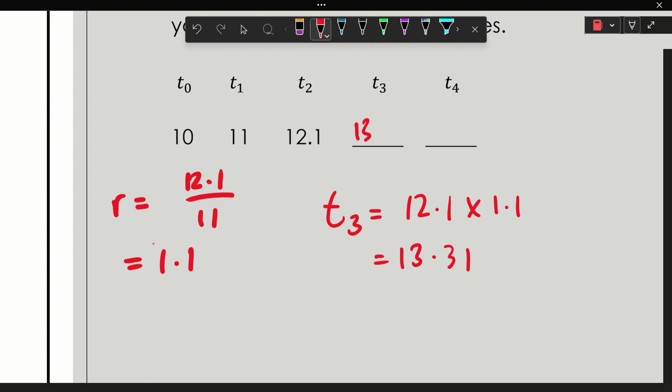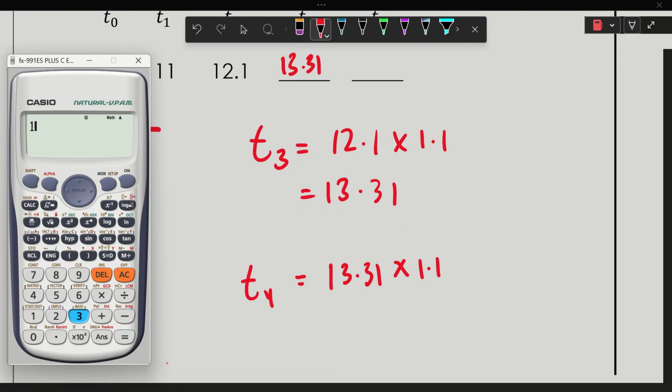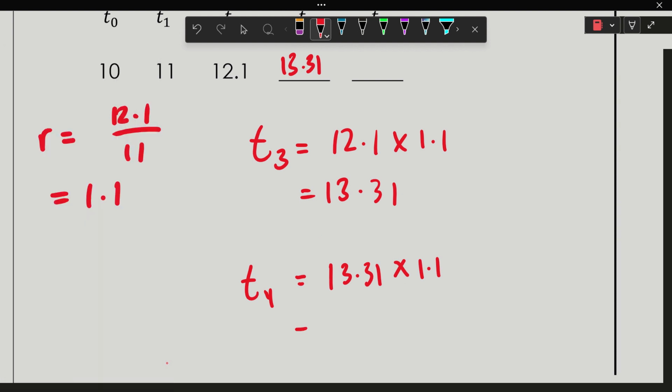Okay, so 13.31. And then to get T4, it's 13.31 times 1.1. Again, same process, yeah? Which is 14.641.